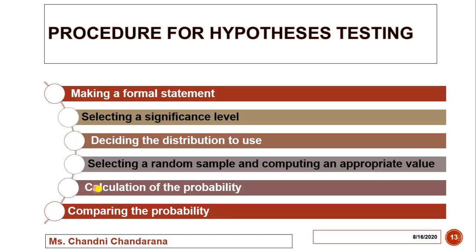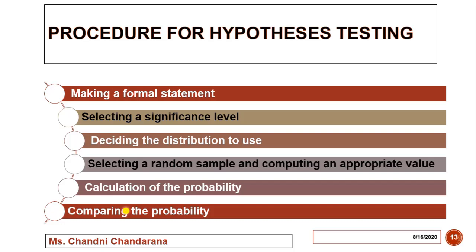Then the next is calculation of probability. We should calculate the result, the p-value. We have to apply our significance test for the hypothesis. After the calculation of probability, we will get our value. After that, comparing the probability.